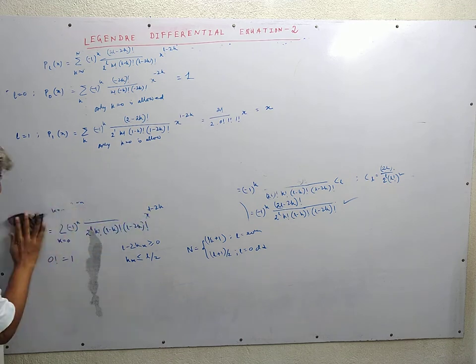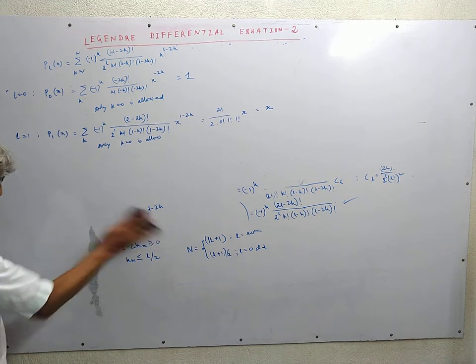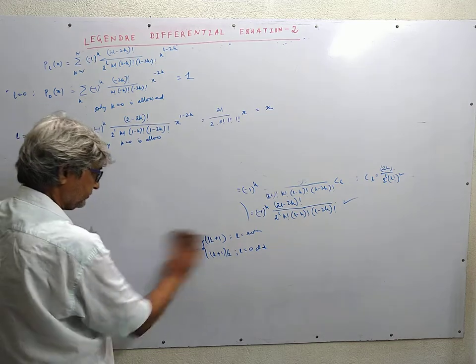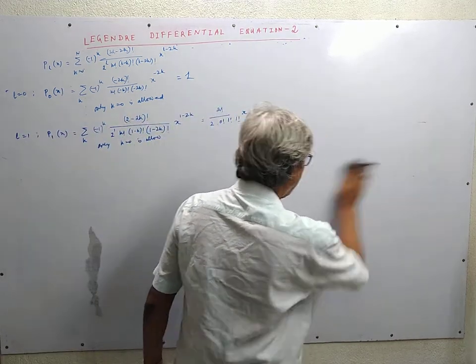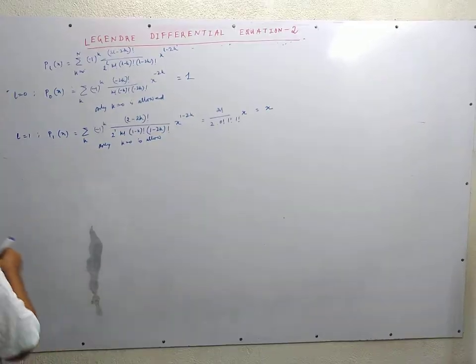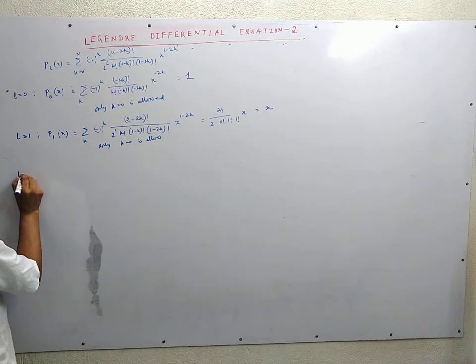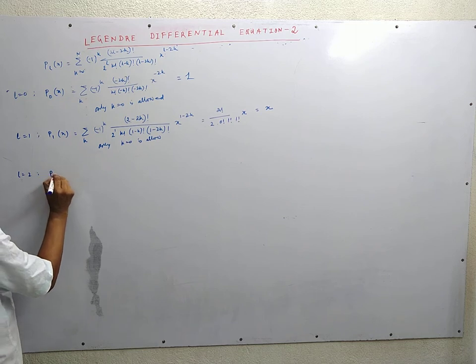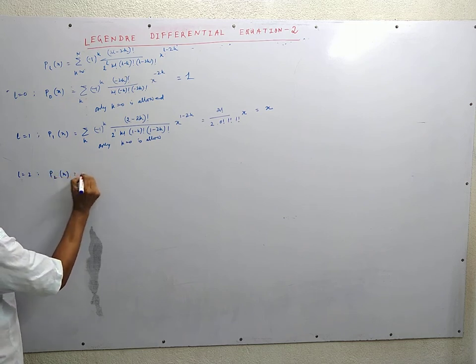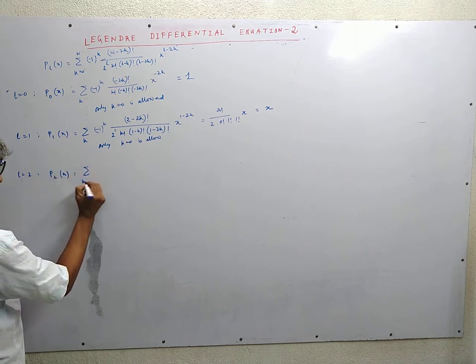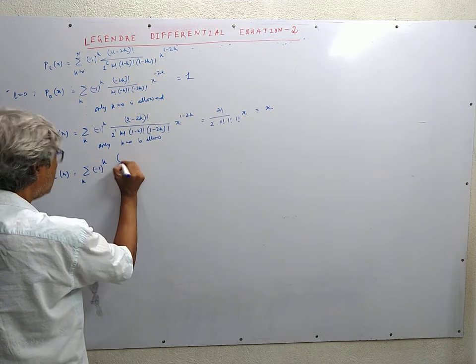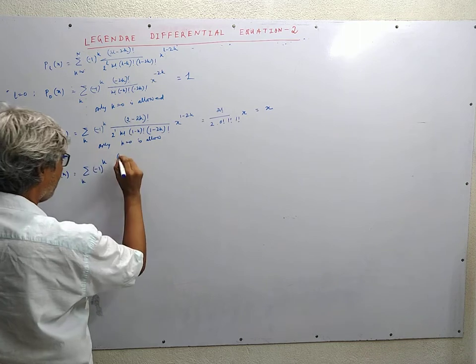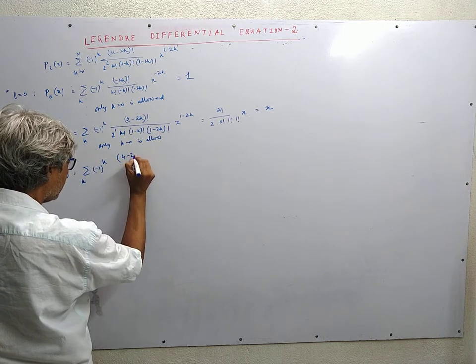Now come to L equal to 2. For L equal to 2, we have P2. This is (4 minus 2k) factorial.